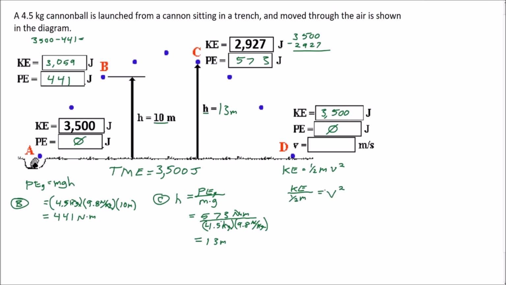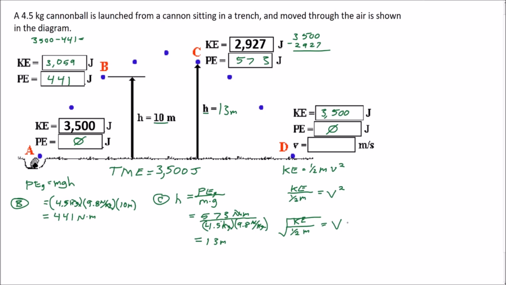And now we don't want v squared, we want v, so we just need to take the square root of both sides. So the square root of kinetic energy over 1/2 m will be equal to velocity.